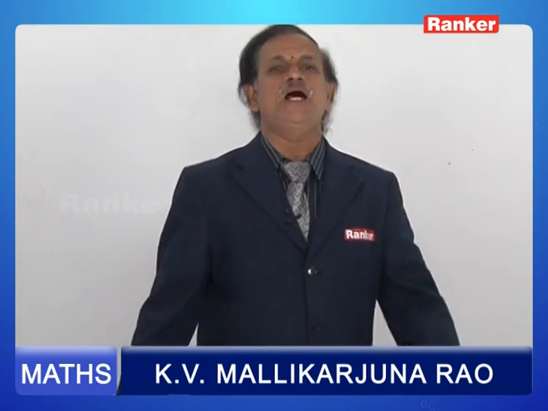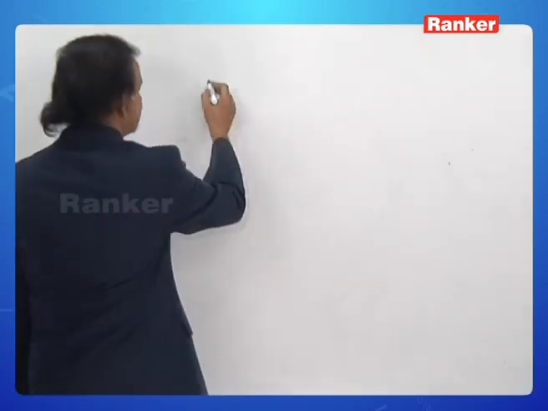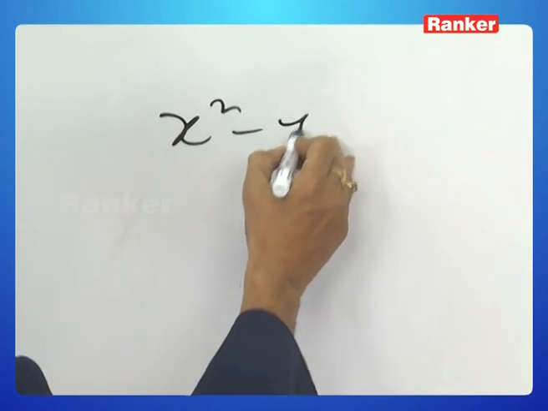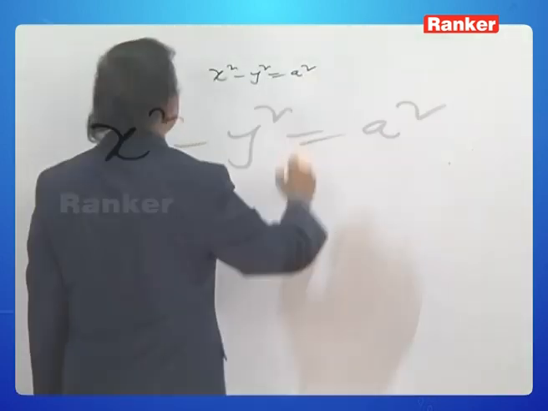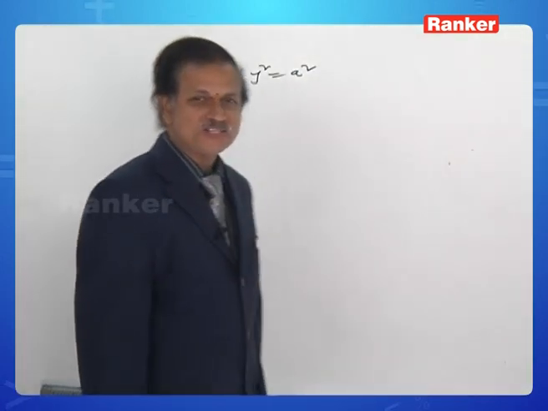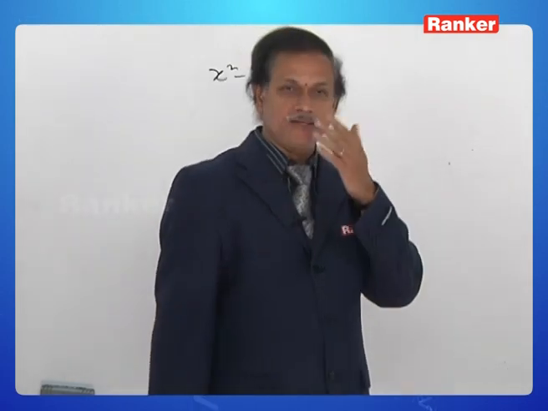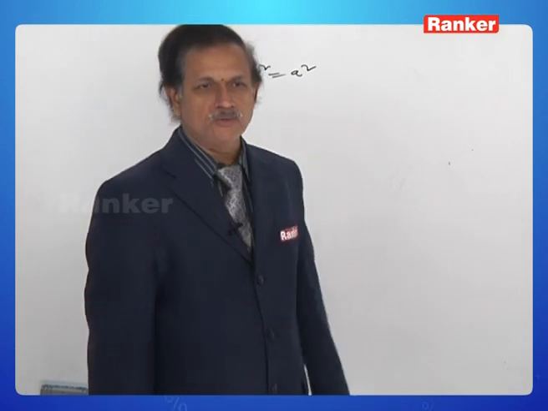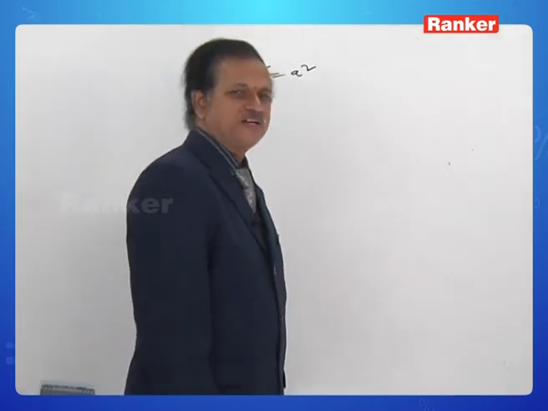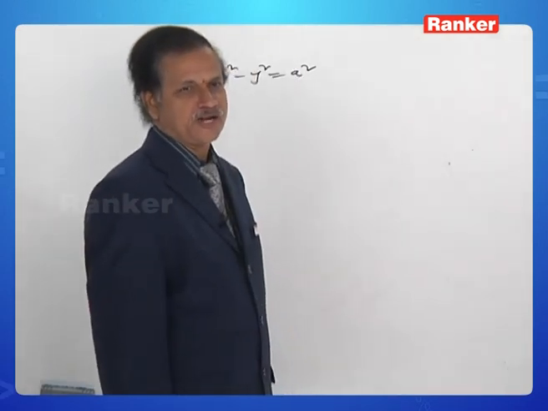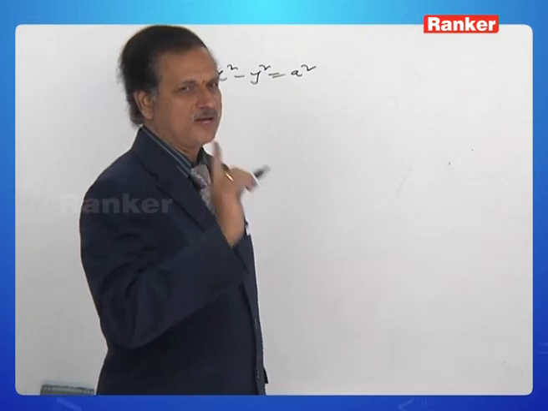What is the differential equation of the rectangular hyperbolas? What is the standard equation of a rectangular hyperbola? x square minus y square is equal to a square. What is the speciality here? There is only one constant, that is a, to be eliminated. So at most, how many times can you differentiate? You can differentiate it only one time.